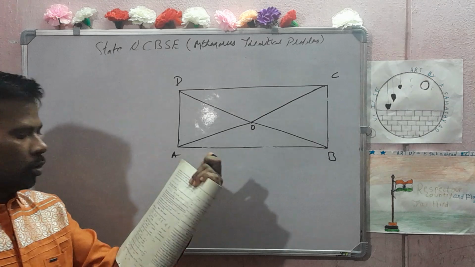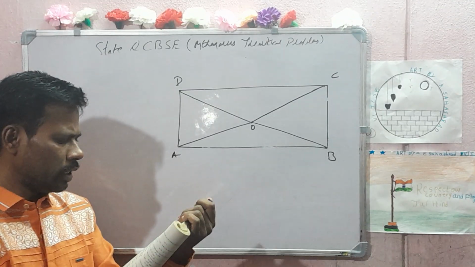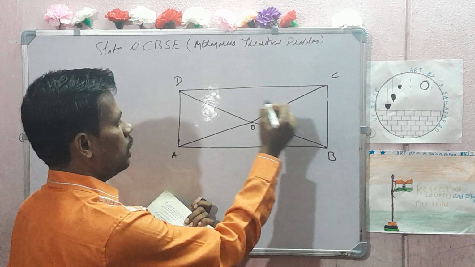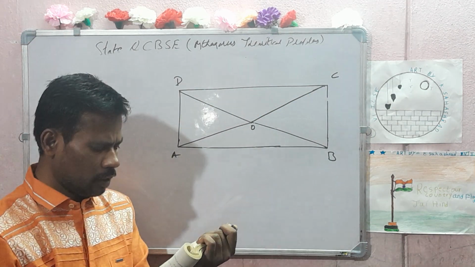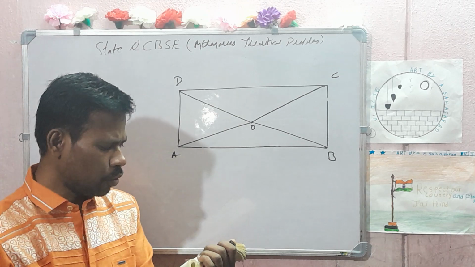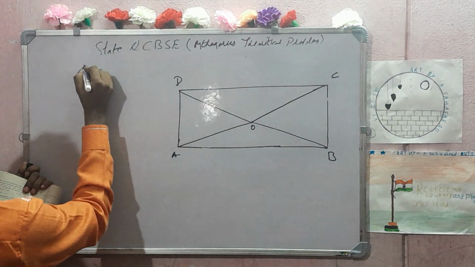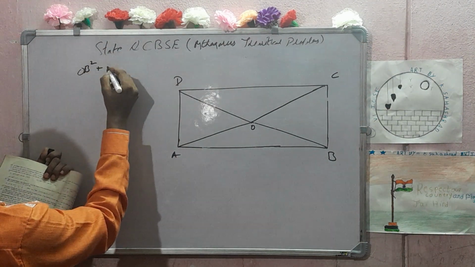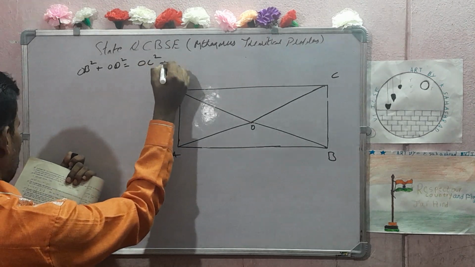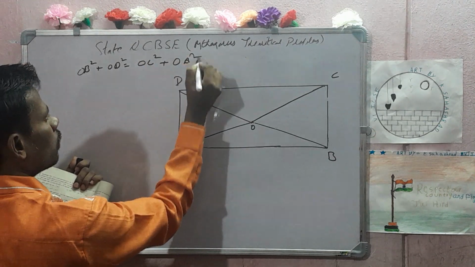A point O in the interior of rectangle ABCD, where ABCD is the rectangle, is joined to the vertices A, B, C, D. Prove that OB square plus OD square is equal to OC square plus OA square.